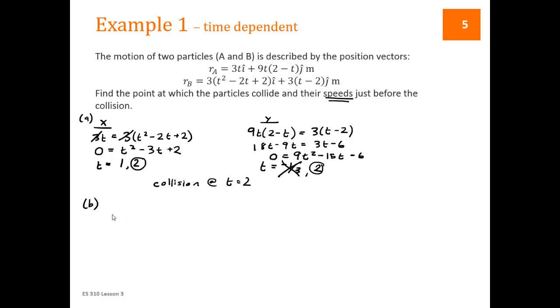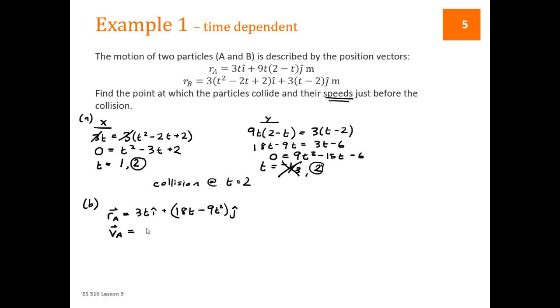So we're given position, we need to find velocity, and from velocity, the magnitude of velocity is going to be speed. So we start with r_A, which is equal to 3t i hat plus 9t times 2 minus t. Let me actually multiply this out so the derivative is easier: 18t minus 9t squared j hat. Let's take the derivative of this. We're going to get v_A.